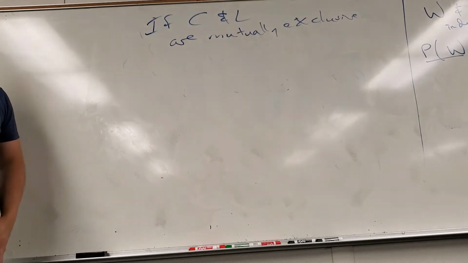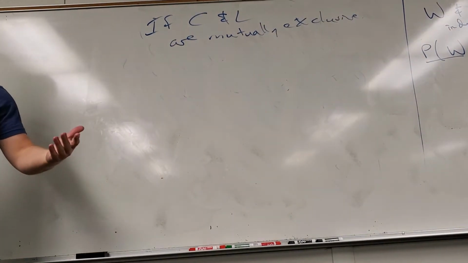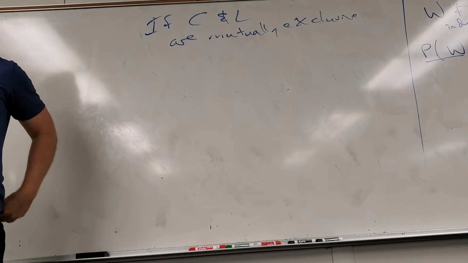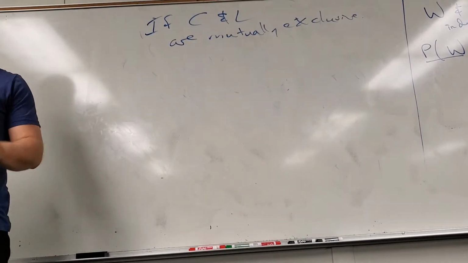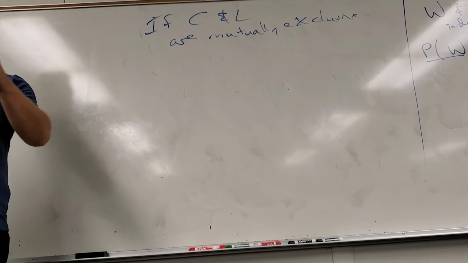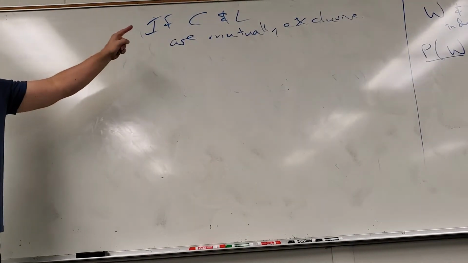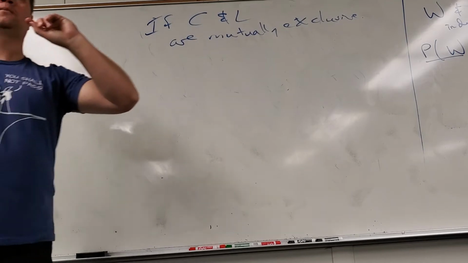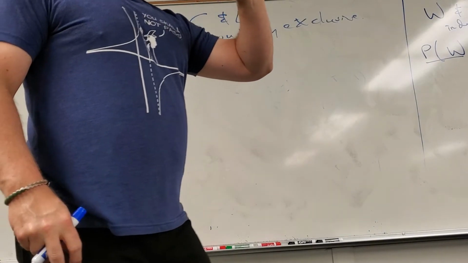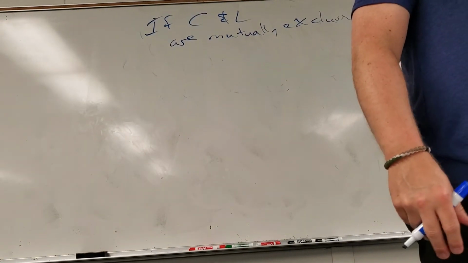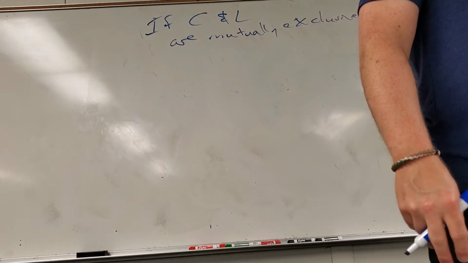If that's true, what can I write down probabilistically? Ooh, I like that word. Sounds like ballistics. What can I write down as far as probability goes? The probability of what is what? Do I know for sure, since they're mutually exclusive? No. Probability C and L equals 0. Beautiful.